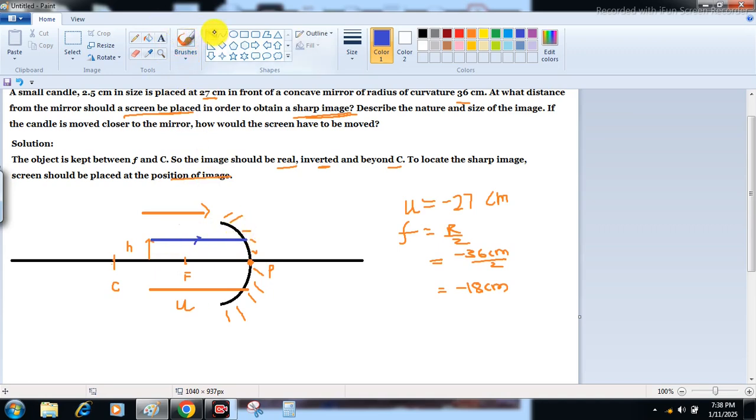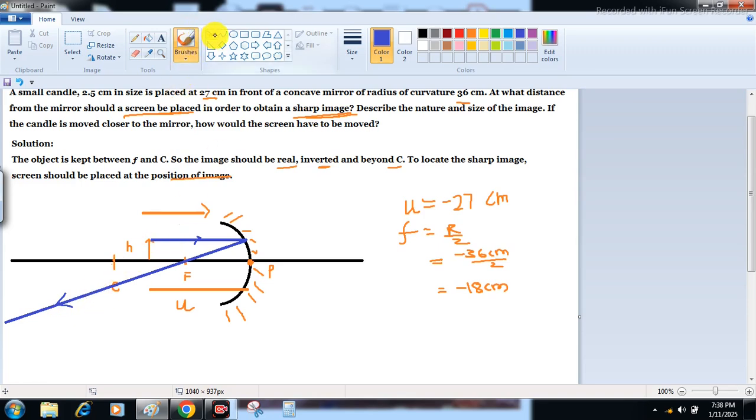It is reflected by the mirror, and after reflection it passes through the focal point. So for this incident ray, this is the reflected ray.